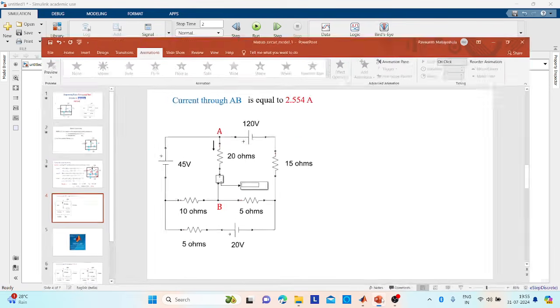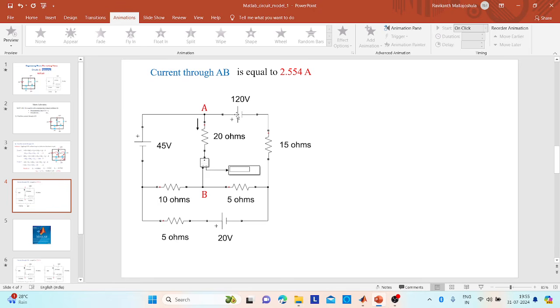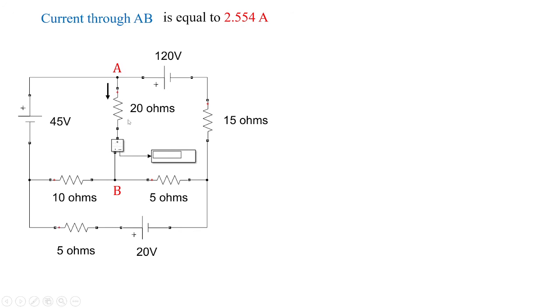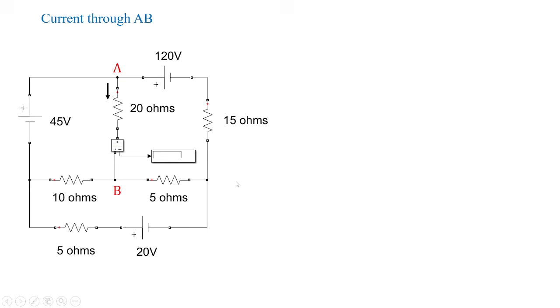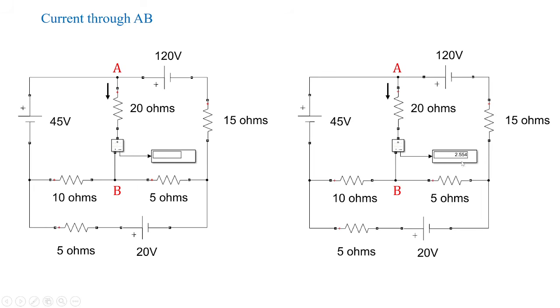Very good. And this is what it is need to get obtained over this particular session. So this I have mentioned in my PPT at the starting of the session, and after this MATLAB utilization, I'm going to get the value as 2.554 amperes.